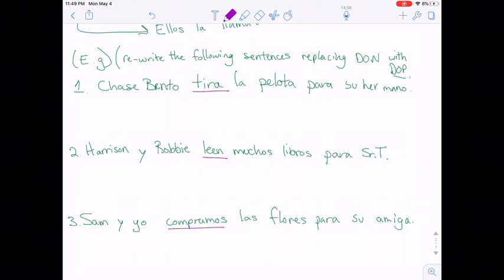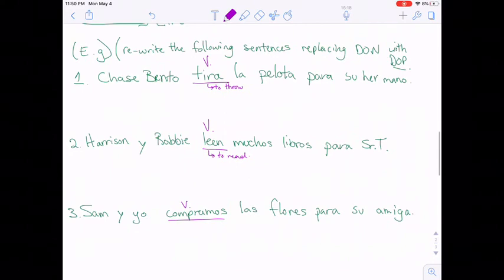Okay, we can write e.g. 1, 2, and 3. Uno, dos, y tres. Muy bien, chicos. So we could say, let's use someone in class. Who comes to mind?